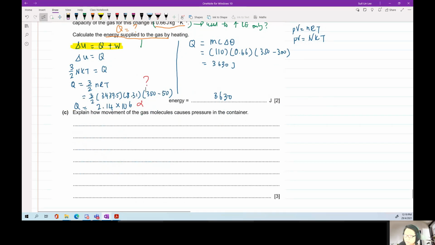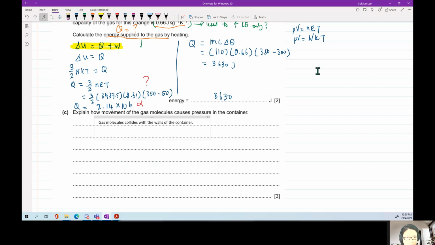Next, here, so many lines. Explain how the movement of the gas molecule causes the pressure in the container. This is pretty easy then. This one looks like a secondary school science question. So the reason why there is gas pressure is because the gas molecules collide with the wall of the container.